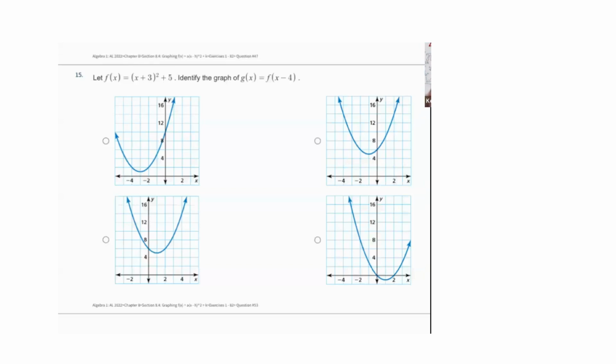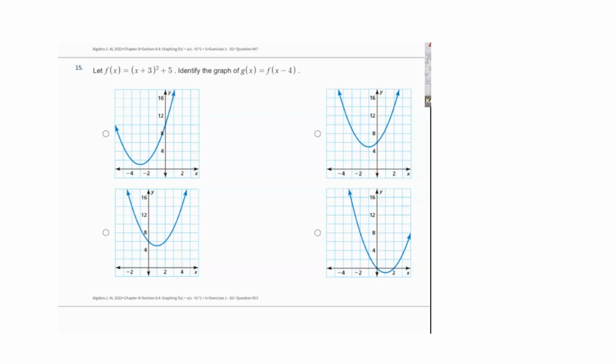Since it's inside there with x, we just go minus 4 with the x. So plus 3 minus 4 gives you minus 1. Our new equation, g of x, is x, and then 3 minus 4 is negative 1, so x minus 1 squared, and then that plus 5 doesn't get affected.